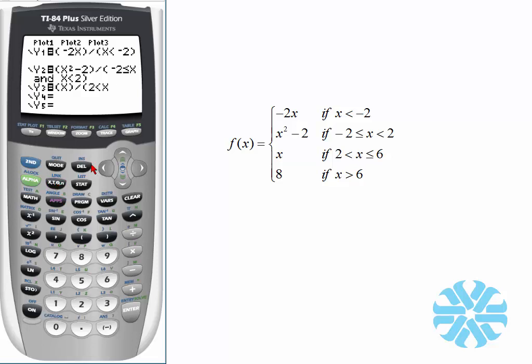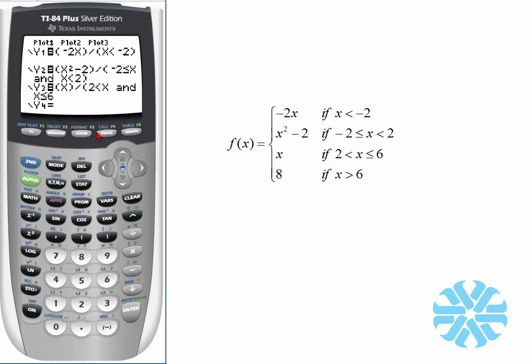Now we want the logical operator and, so second function math, move over to logic, number 1, or we just select enter. And then x less than or equal to 6. So x, second function math, less than or equal to is number 6. And then 6.